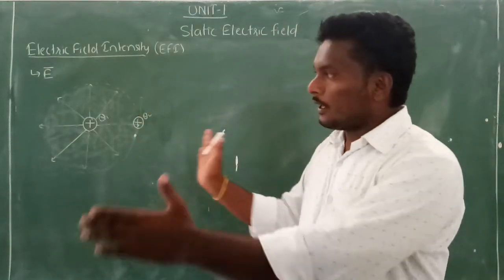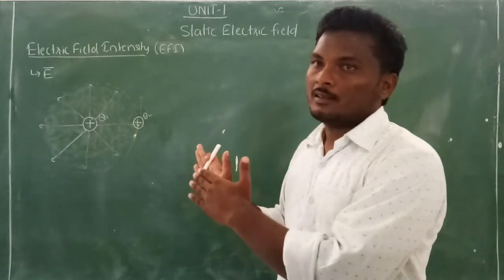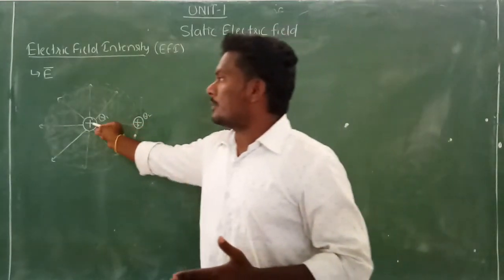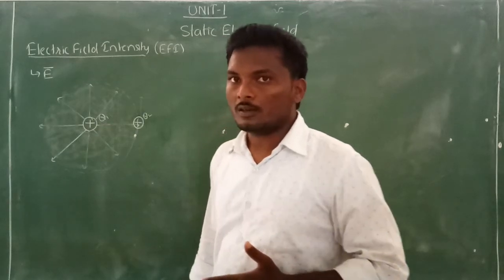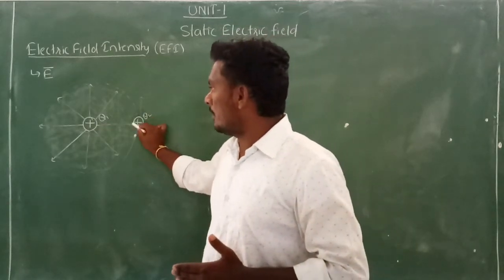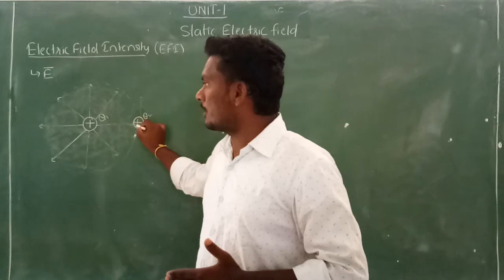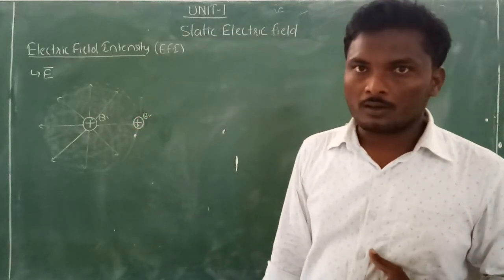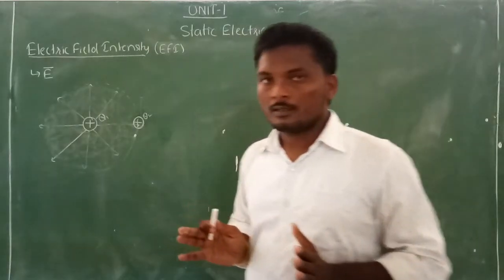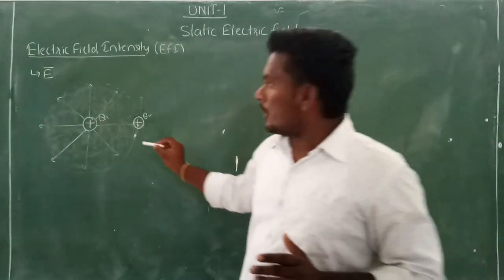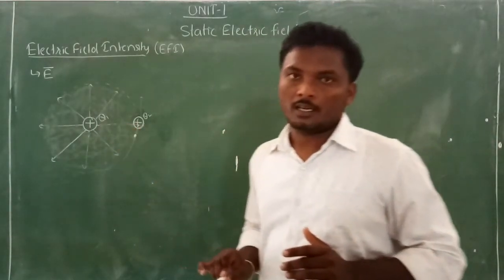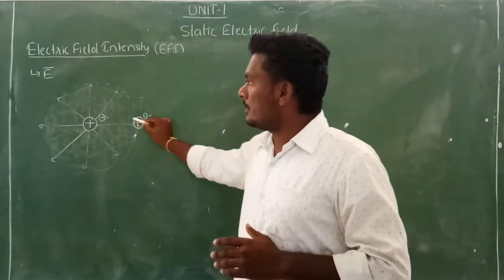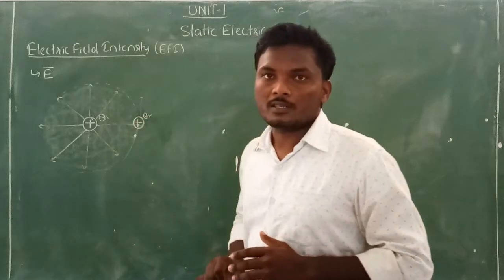Due to the interaction of the two fields, this charge is pushed away from the existing charge. This charge is exerting force on it due to Q1. Is it understood or not? Listen carefully. I have a charge Q1 initially. Now I am placing the same charge in this vicinity.